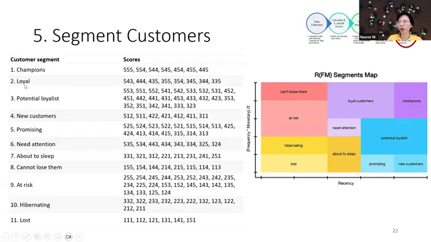To be a champion, of course, you need to come very recently, but you can spend not the best, just the top two, 4 or 5, and be quite frequent at the top 40%, 4 or 5, that should be okay. Or maybe you are not a recent customer, it can be 4, but you either spend a lot or come very often. These are all called champions.